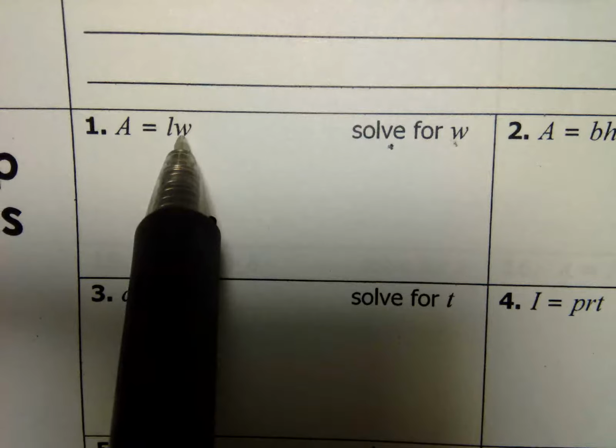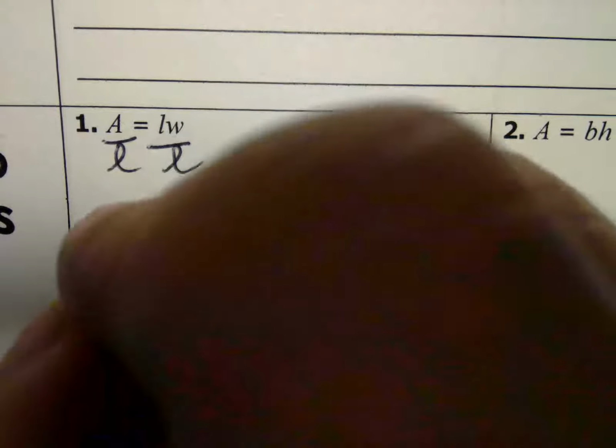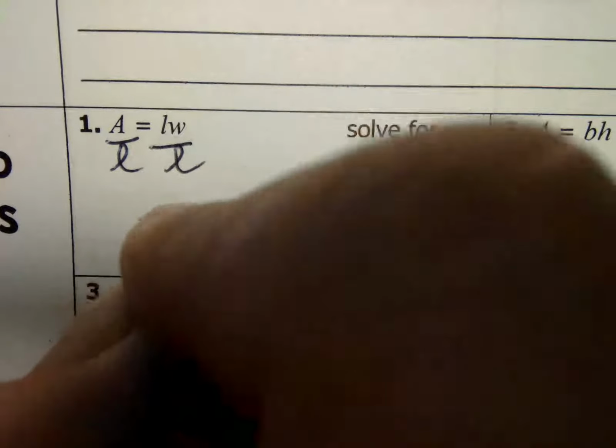How can I get w by itself? Go ahead. You got it. Yeah, that's an l. It's area equals length times width. And that's your final answer.